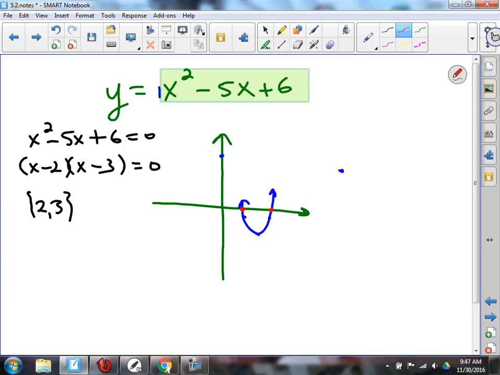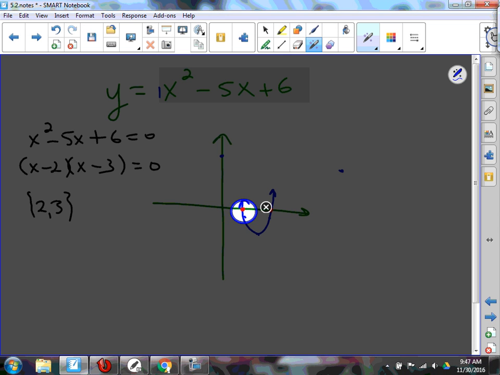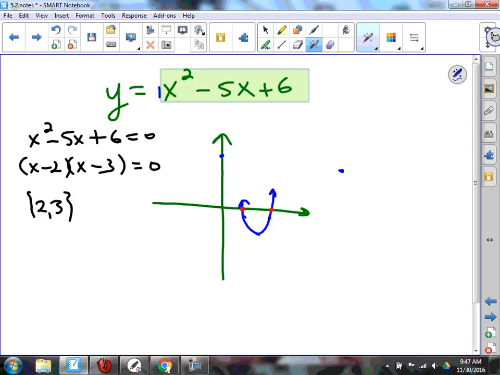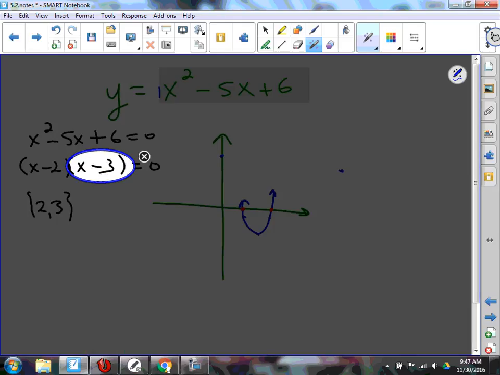The big idea, the big thing to take home, is that these x-intercepts are the same thing as the solutions to the equation, and they're counterintuitive to the factors. X minus 3, positive 3. X minus 2, positive 2.